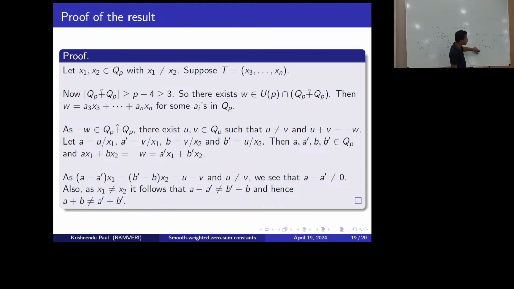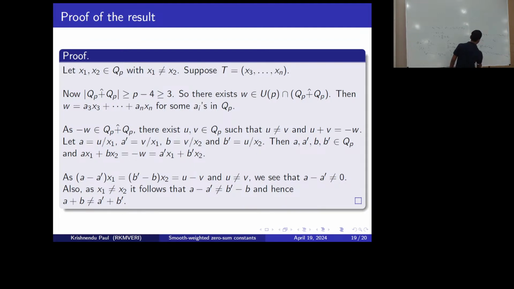So that means we will get some a x1 plus b x2 equals minus W. Minus W means this, minus a3 x3.